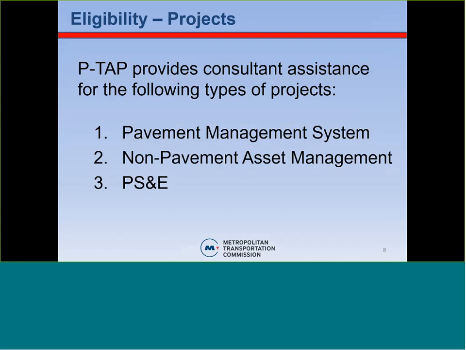So we're doing more non-pavement asset management projects, but our focus is more on developing our non-pavement asset management module. So we're very selective about those projects. We probably do 1 or 2 non-pavement asset management projects per round, but we still encourage you to apply.